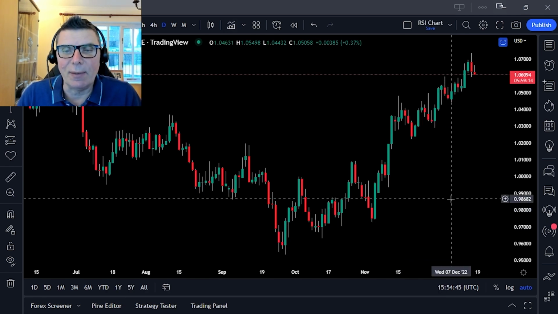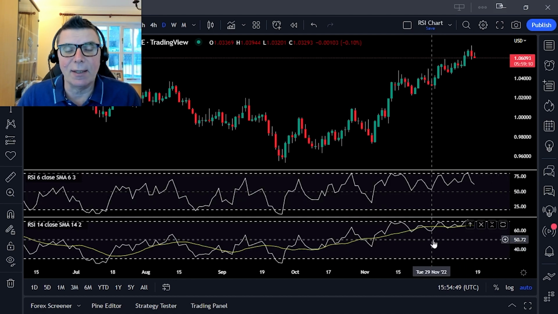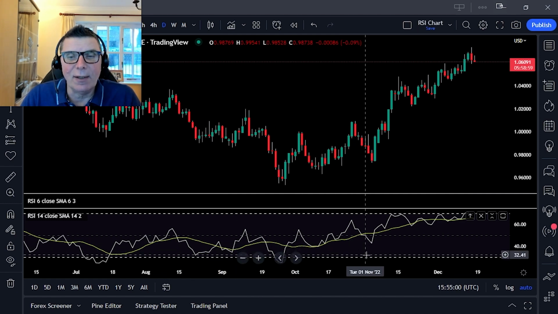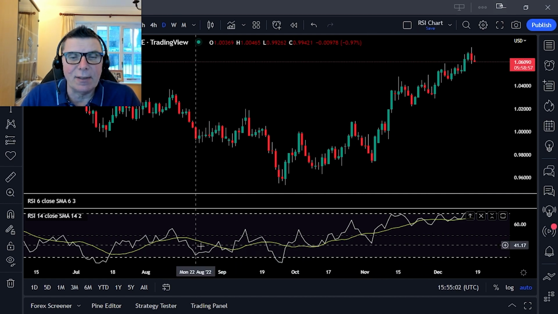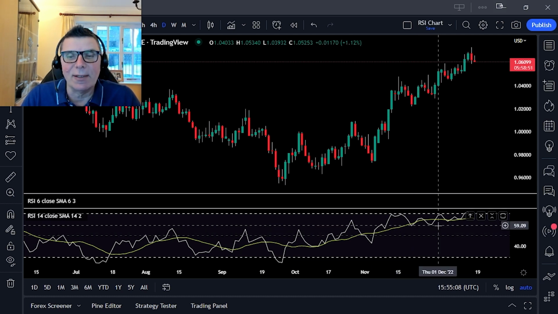Now I find my settings better than the original, but only slightly. It just makes it a little bit easier on the eye. Firstly, this is the standard setup, the way it comes with a moving average. I don't like the moving average over it. It's supposed to be showing some smoothing. Some people will use the moving average as the signal line to break through, or whatever.